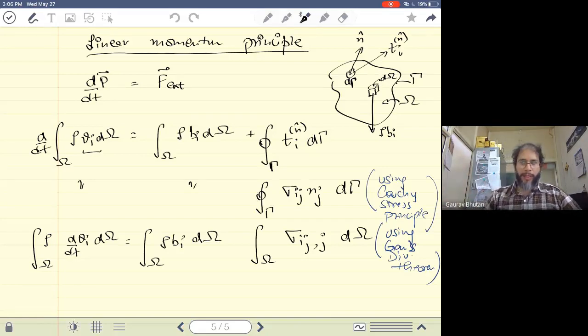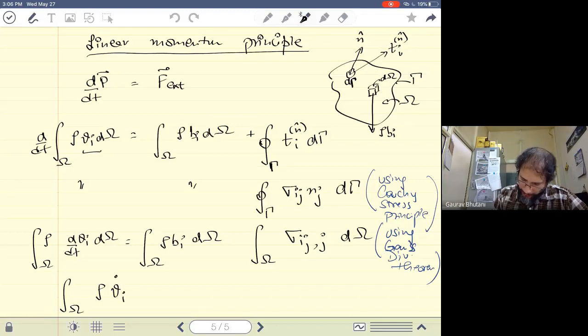Perfect. So now I can combine all the terms into one side. So what we get is integral over omega. Then we have rho. So I'll put a dot on the top of vi.